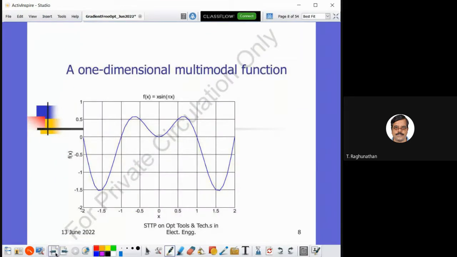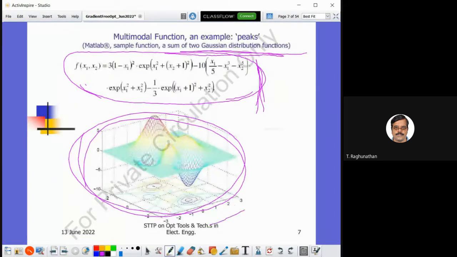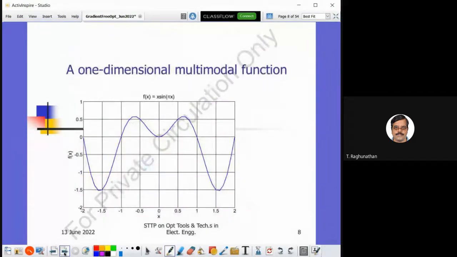Okay, so next I have some more of these figures. It's not that only if you have two variables x1 and x2 that you can have multimodal functions. Even for single variable functions, you can have multimodal functions.